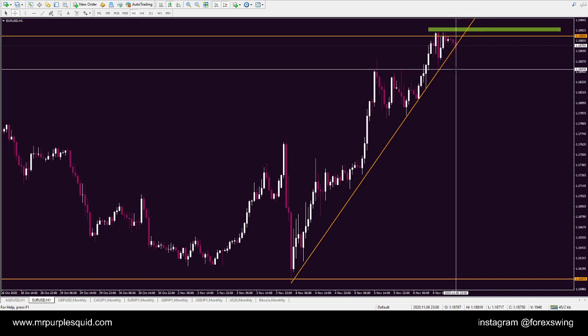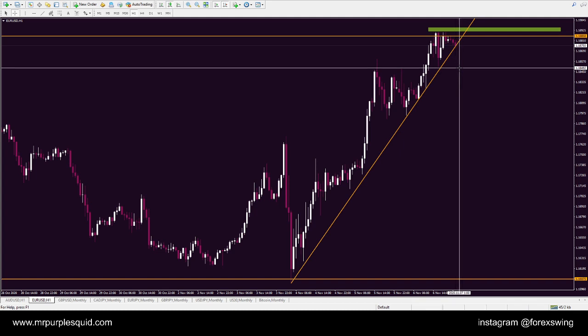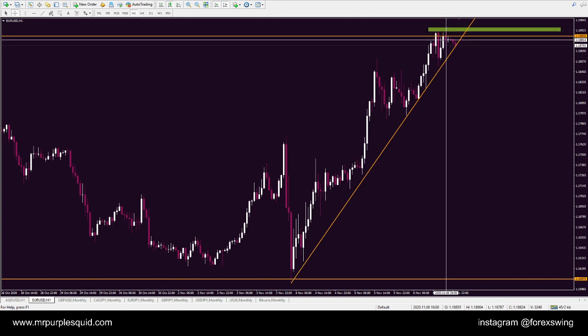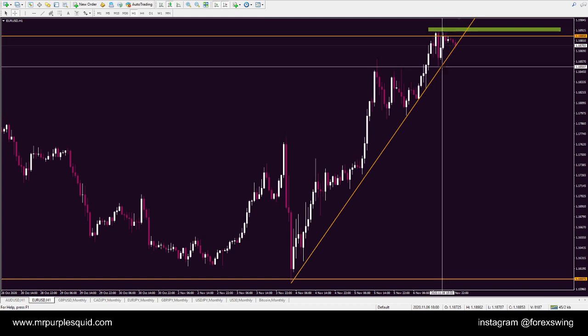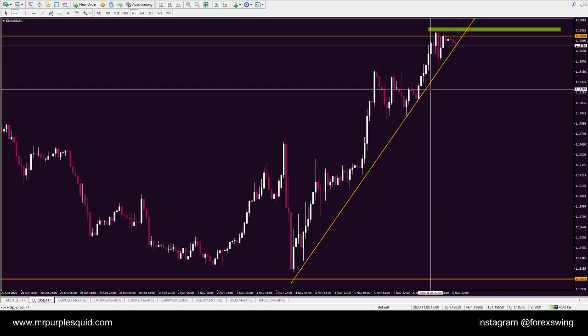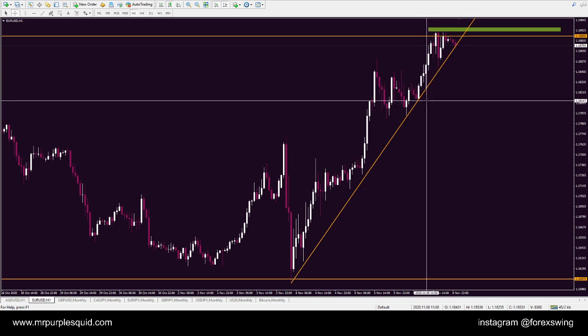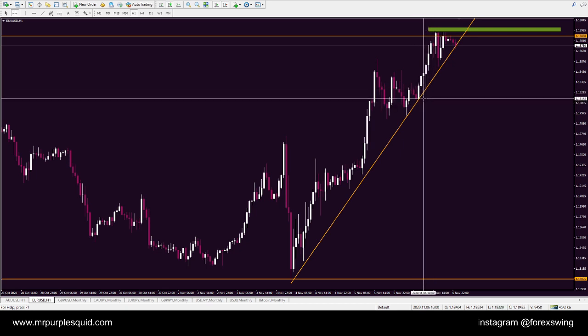three places. So for me, depending on the type of break that we get right there, I would have my stop loss right here, or here, or here, but not lower than right here.